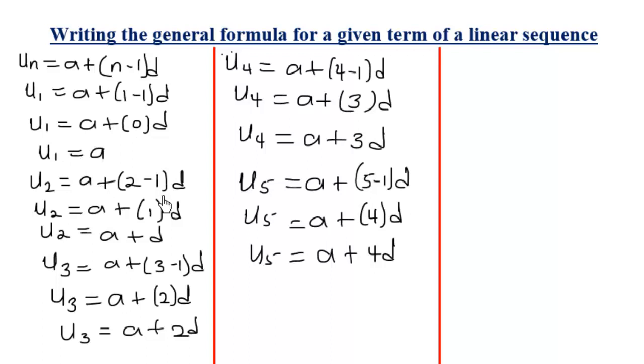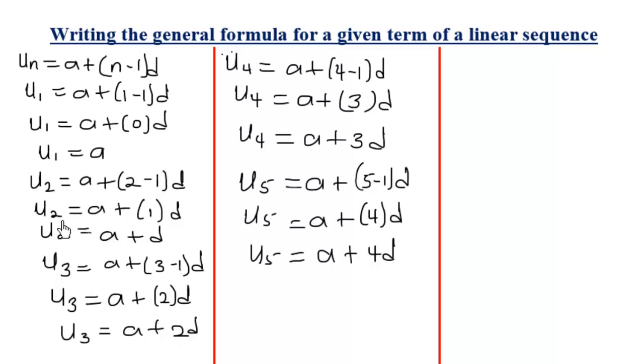Now the second term, you multiply 1 by d, so we get a plus d. The third term, you multiply 2 by d. How do we get 2, 1 and 0? When it is the third term, we subtracted 1 from 3, giving us 2, so multiply the 2 by d. So that is why we get the general formula for the third term, a plus 2d.